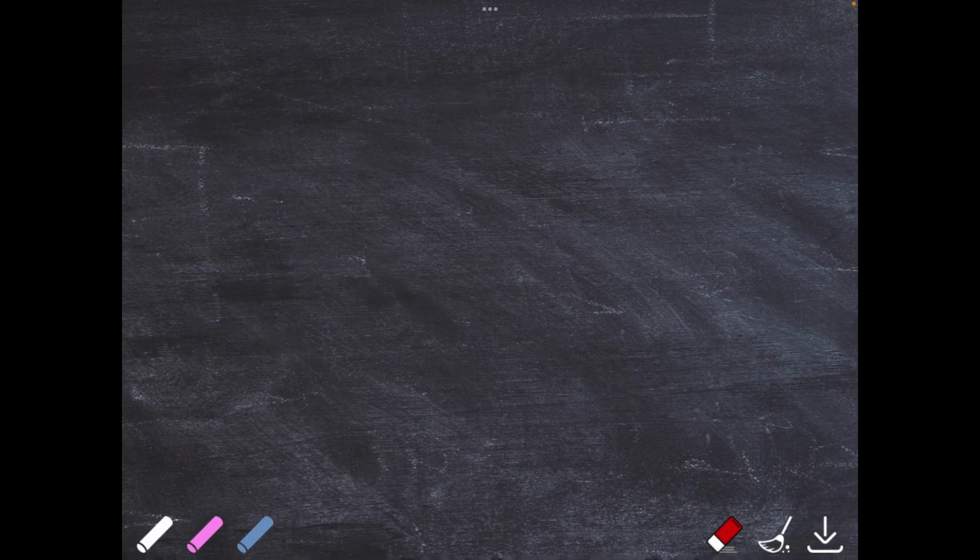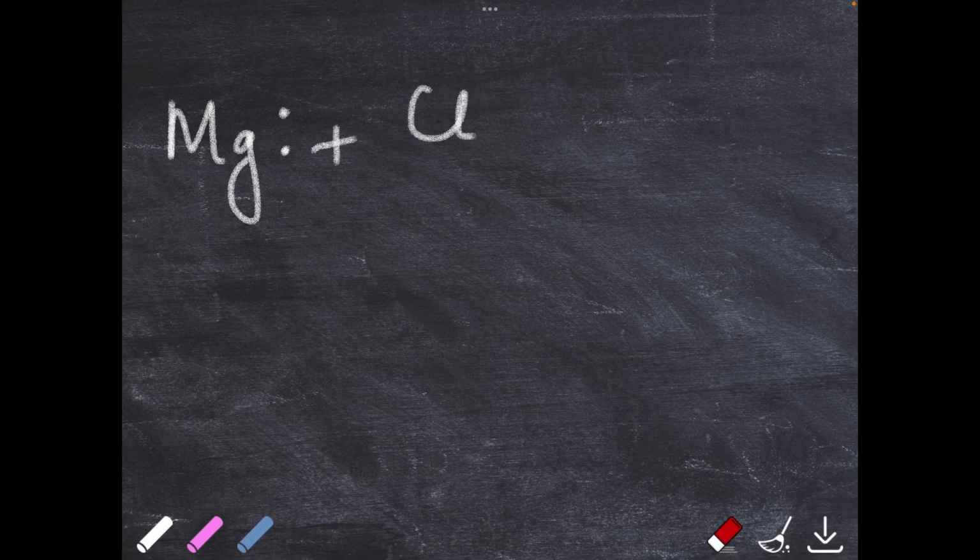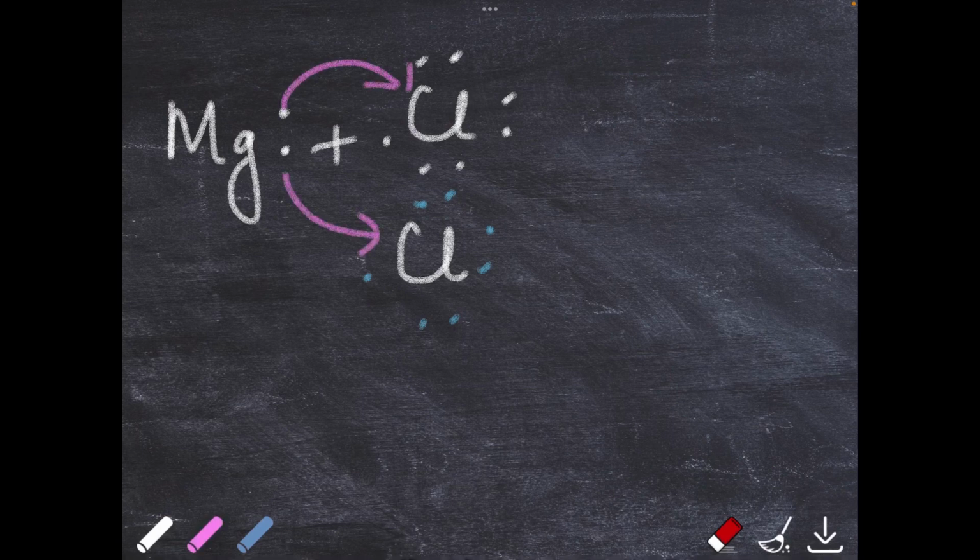Last, let's show the formation of magnesium chloride. You have 2 electrons here of magnesium in the outermost shell, and you have 2 Cl over here, each with 7 electrons. Let me depict the 7 electrons of the second Cl by blue dots so that it gets clearer. So magnesium gives 1 electron to one chlorine and 1 electron to the other chlorine.